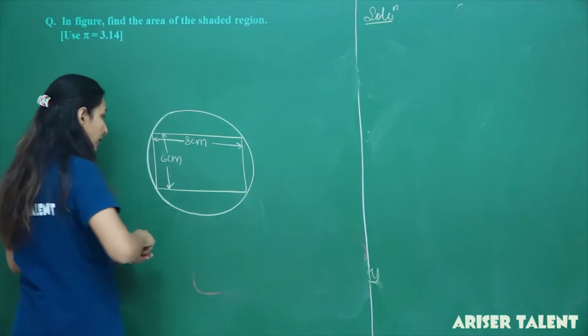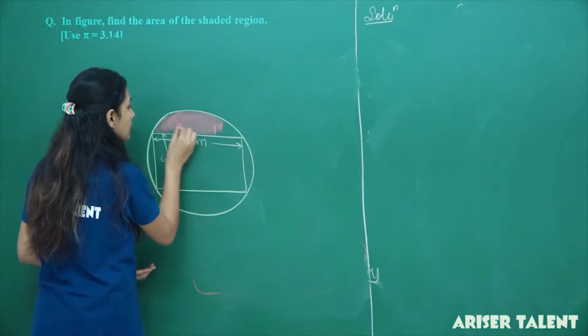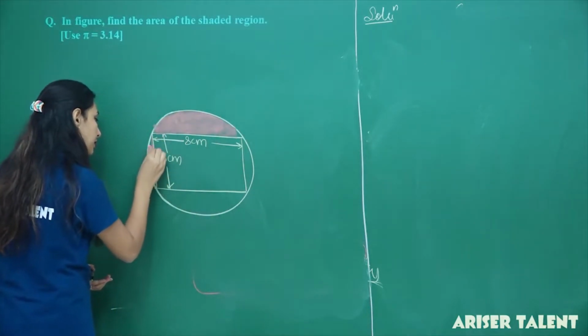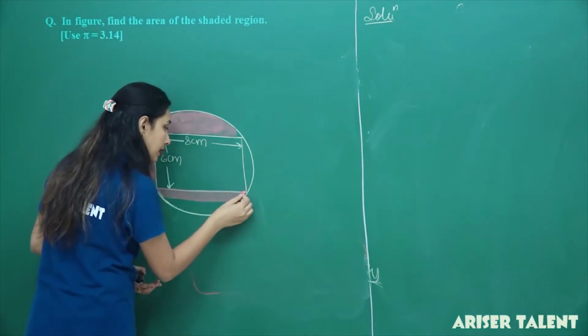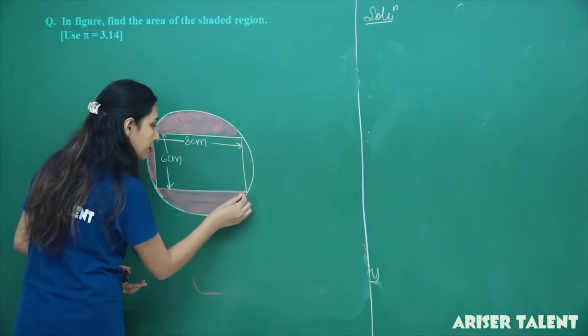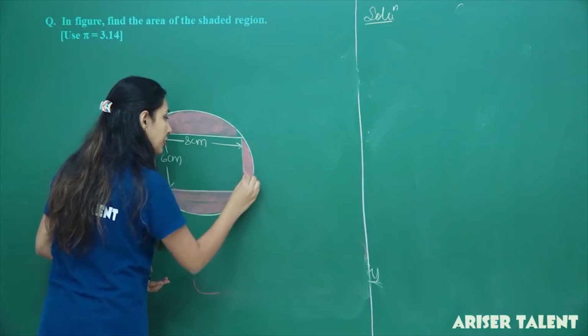Now you have to find out the shaded portion. This is your shaded portion, here this is your shaded portion, here this is your shaded portion, here this is your shaded portion.